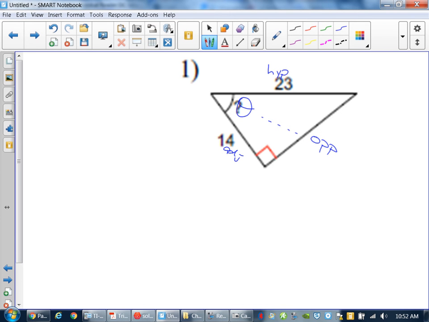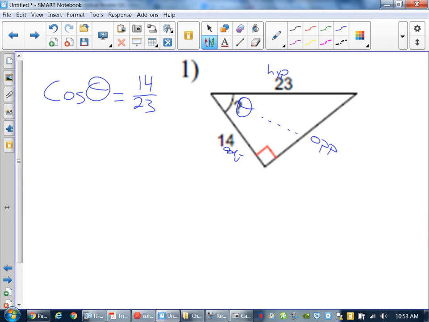Which of the three uses adjacent and hypotenuse? Cosine. Which means I do the same scenario. I'm asking the same questions and writing the same things out. The cosine of some angle is 14 over 23.